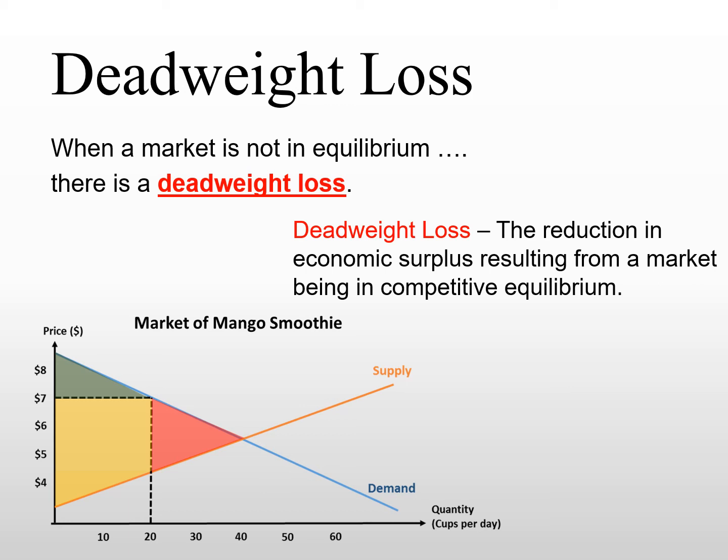So this is the form of loss that we do not like to see in our supply-demand model. As an economist, when deadweight loss appears in our model, we are trying to understand what drives the losses and how we can eliminate those losses in order to increase the welfare of the market.